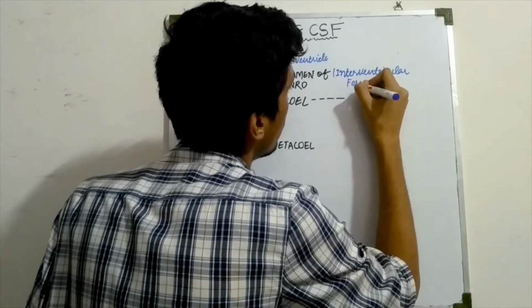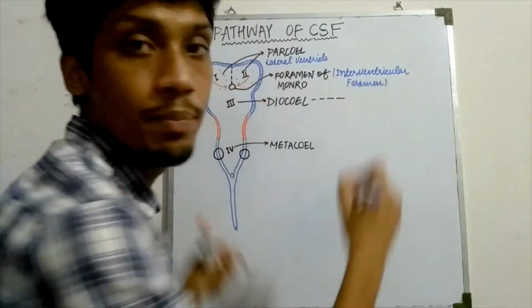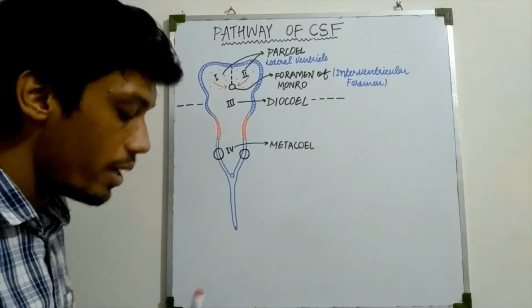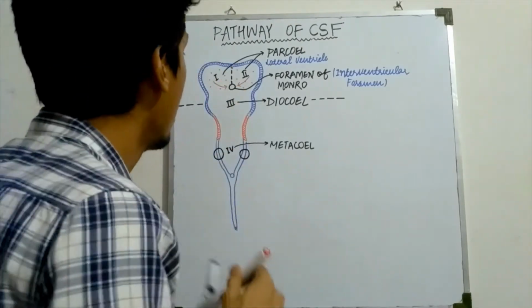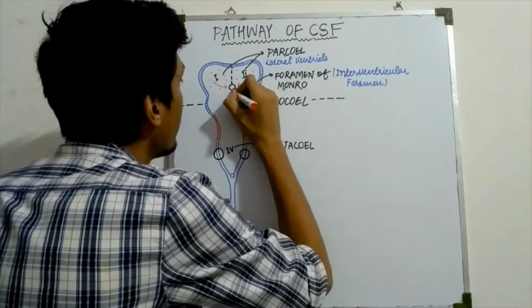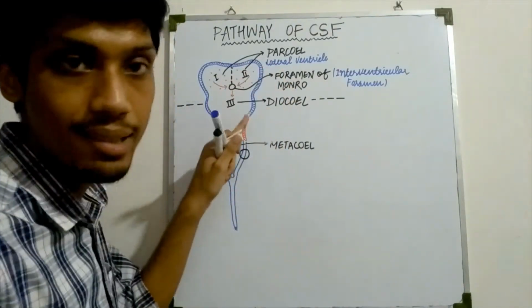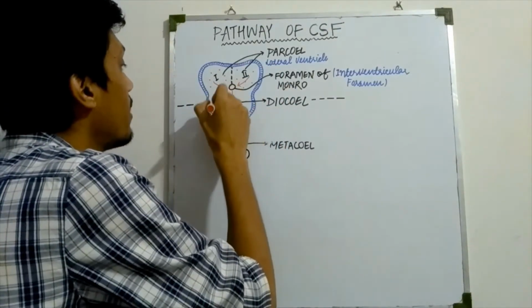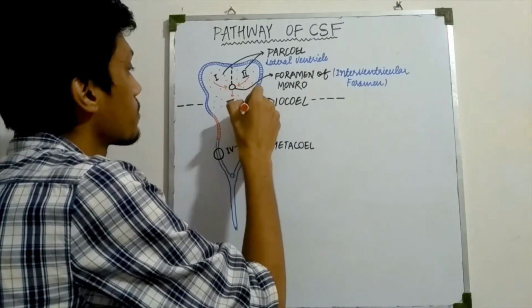So this was the pathway from paracele to diacele. Now it comes out through this pathway into diacele, and now the CSF is present in the diacele.